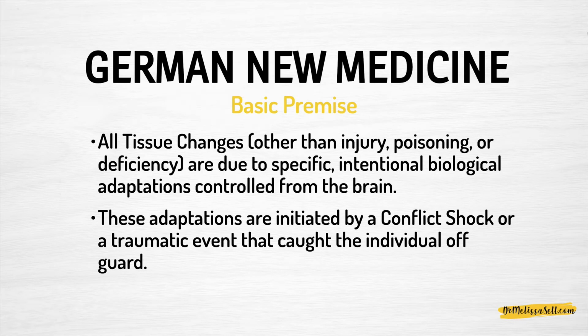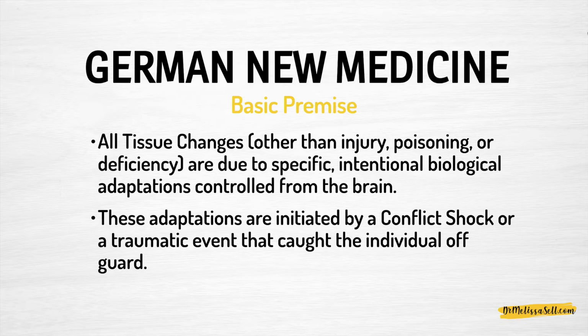And let's get started. So the basic premise of German New Medicine, if you are brand new to this paradigm, is that all tissue changes, other than due to injury, poisoning, or deficiency, are due to specific intentional biological adaptations controlled from our brains.